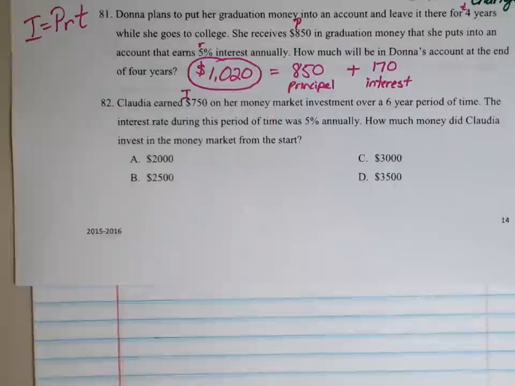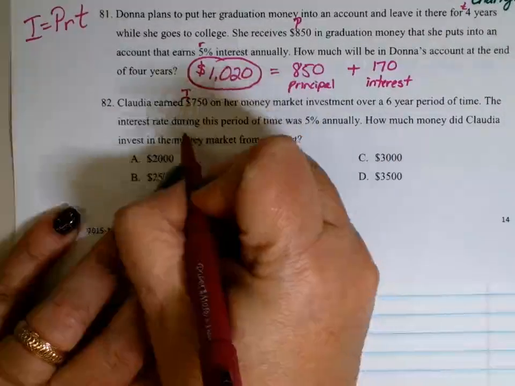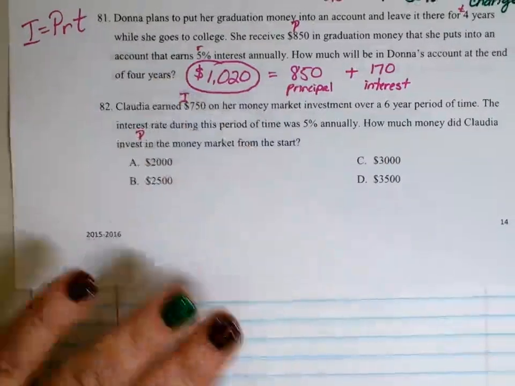Do I know what my principal is? What is the definition of principal? Okay, so do we know her principal? We don't know the principal. That's what we're trying to find, right? What she invested.